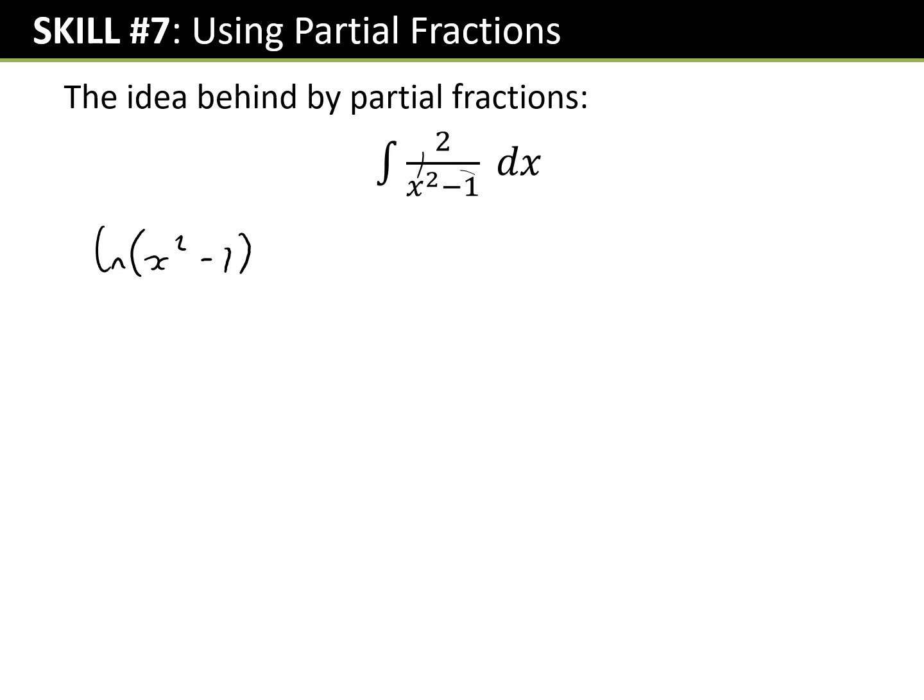The differential of x squared minus 1 is 2x. So this would be reverse chain rule. However, x can be 0, can't it? Which means we're dividing by 0, which means that this is not allowed. So we need another method.